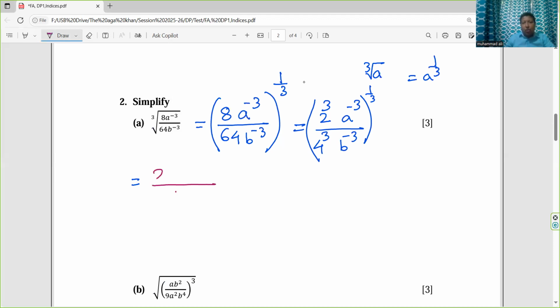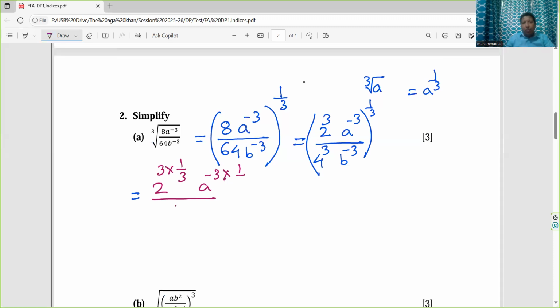So we can write 2 to the power 3 multiply 1 by 3, a to the power minus 3 multiply 1 by 3, then 4 to the power 3 multiply 1 by 3, b to the power minus 3 multiply 1 by 3.